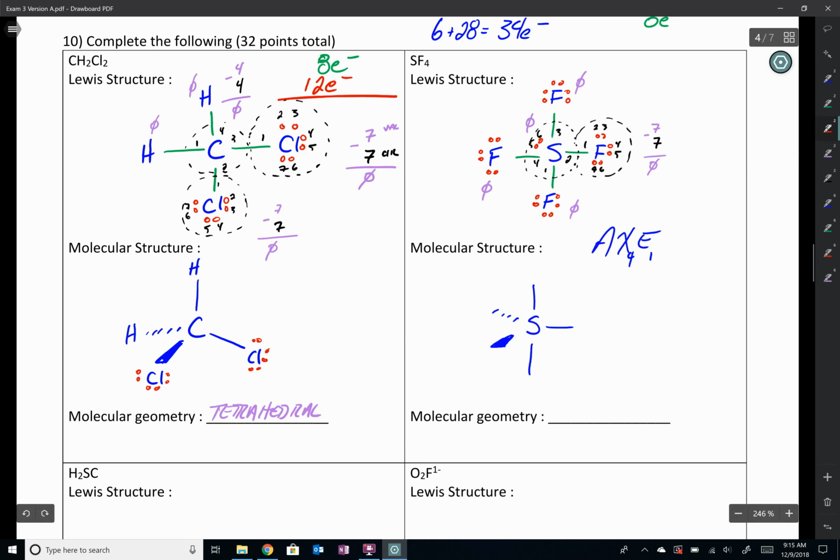Let me erase that for a second. The equatorial positions are here, here, or here. Right? Lone pairs around a trigonal bipyramidal structure are going to go into the equatorial positions. So pick one of those, it doesn't matter which, and put it there, right? Oops, I'm sorry, I should do these in green to stay consistent.